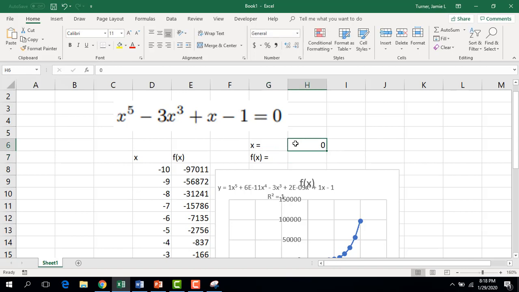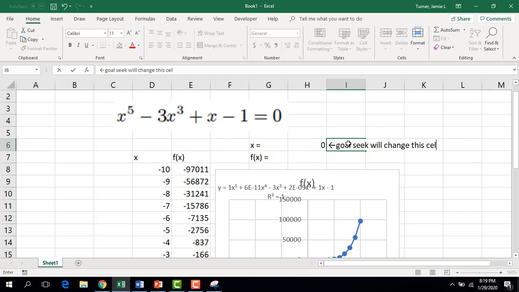And if I use this value for x, my equation is not going to add up to 0. It's going to add up to something different. But my goal seek is going to change this cell, and then as the numbers in this cell change, the equation will keep calculating what it is.